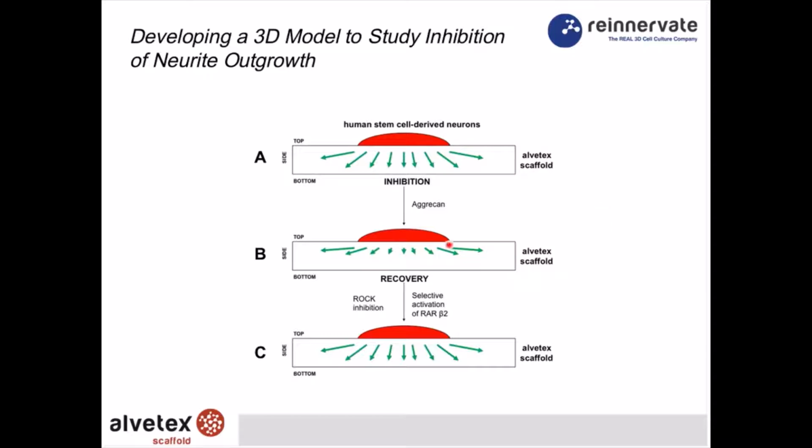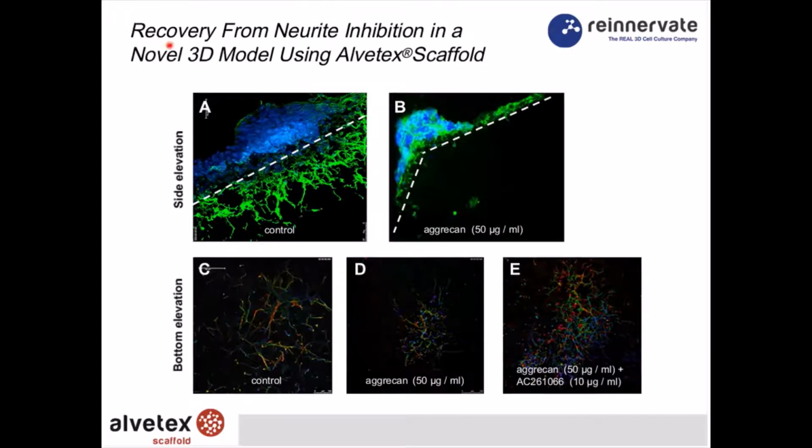We can then grow our cells as before, and we can study how those neurites grow in 3D in response to aggrecan, and if there's any inhibition, we can then look to see if we can recover that inhibition by adding various small molecules. So let's look at some data. So here we have a side elevation, once again, of control.